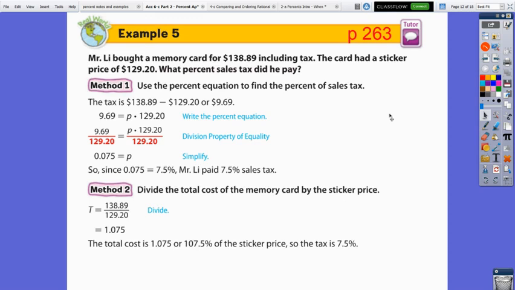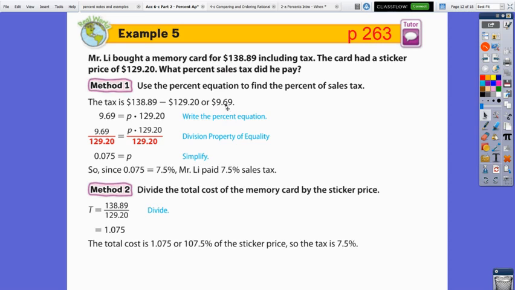They're not as common, so I'm not really worried about them as much. But finding the percent, what percent you're paying between these 2 amounts, this is not part and whole. The part when you're calculating the sales tax is just the tax. So you can do that by finding what the tax is. That would be subtracting the total end price minus the sticker price, like they did here, and calculating that $9.69 was the tax.